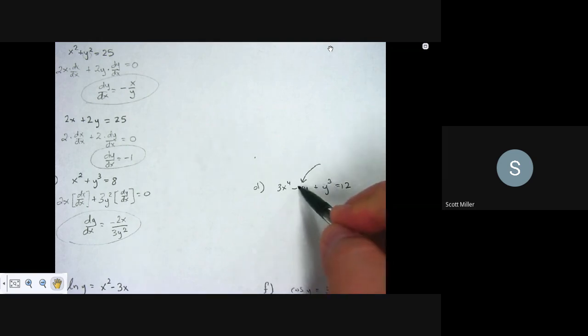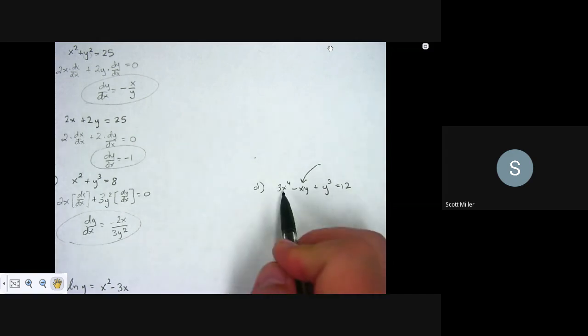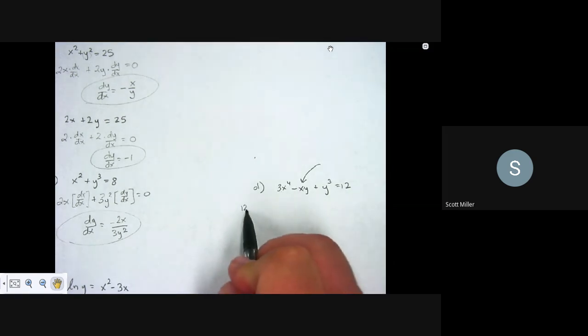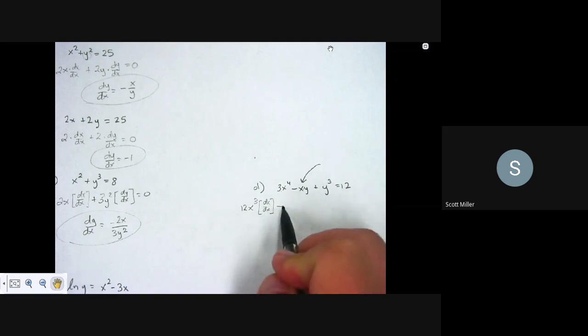And then there's also, to add more to it, there's a minus sign involved. So my recommendation is to do it how I'm going to lay it out for you so you can see that you can avoid any kind of sign issues that occur. First things first, this one right here is going to give me the 12x to the 3 dx minus.